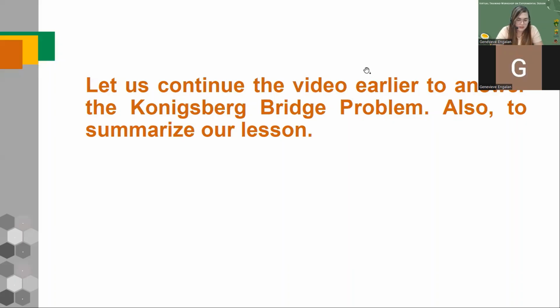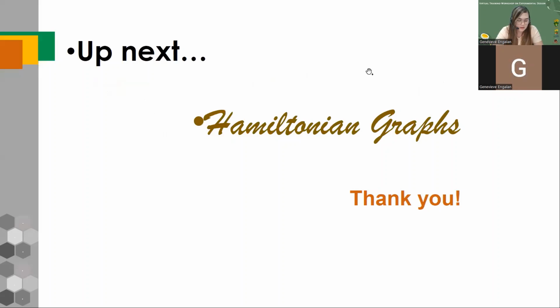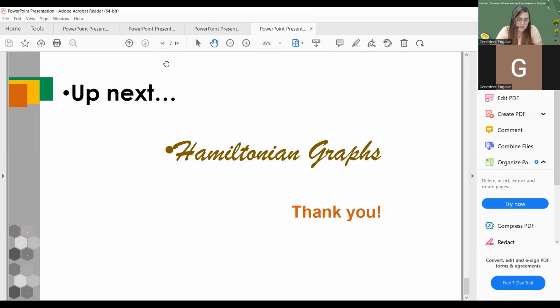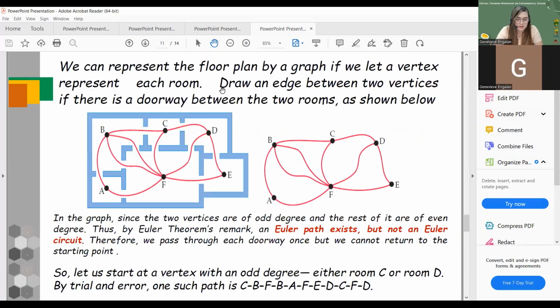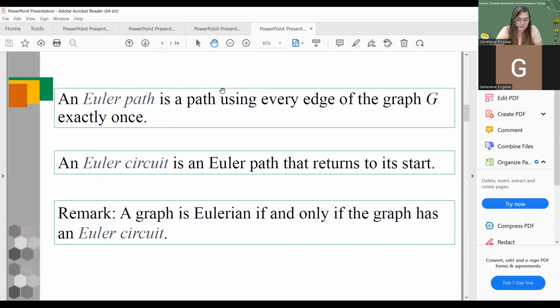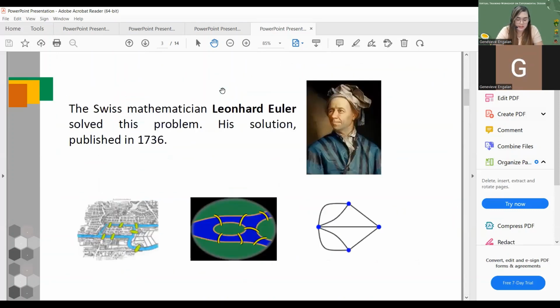So let's have the final topic, the last topic, which is the Hamiltonian circuit after the Eulerian circuit. By the way, the Iceberg problem can be checked using the Eulerian circuit.